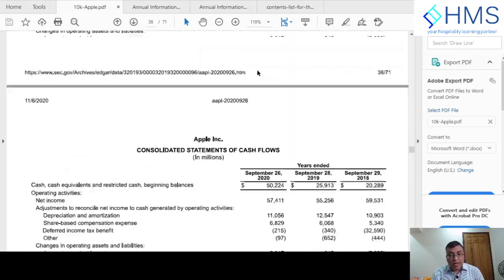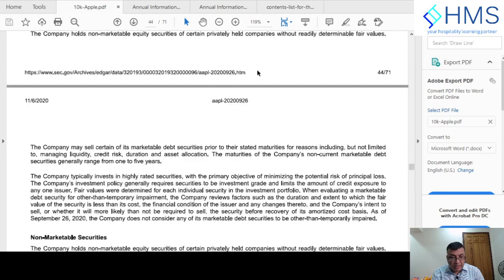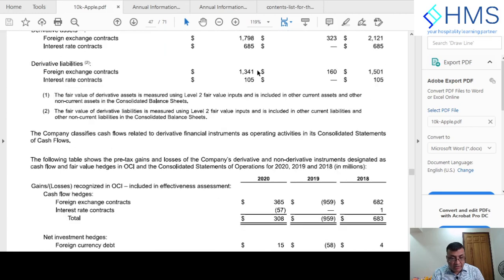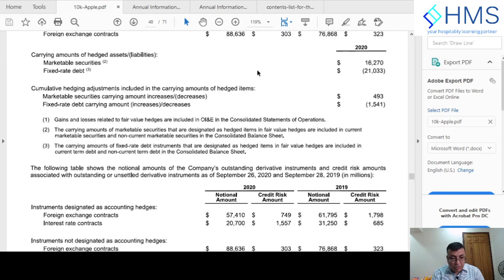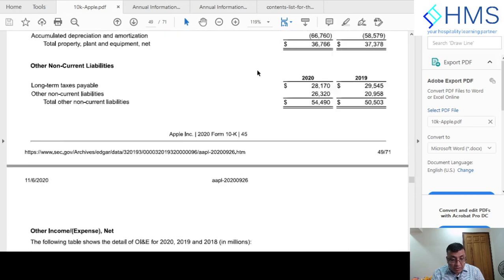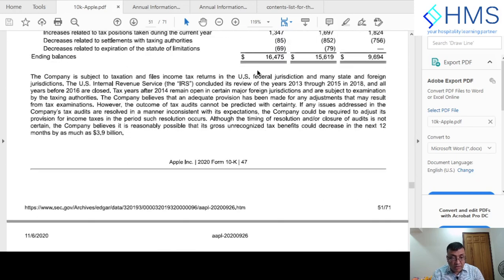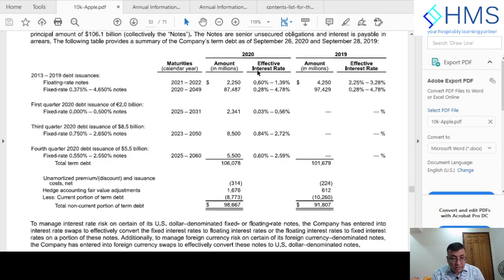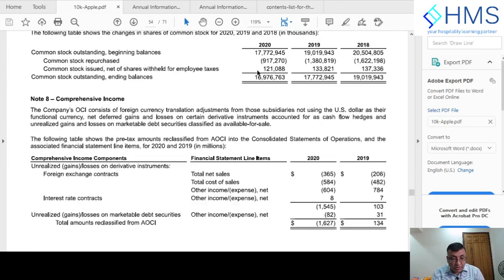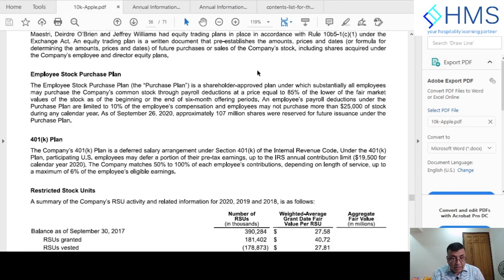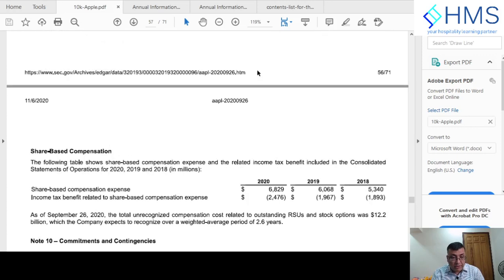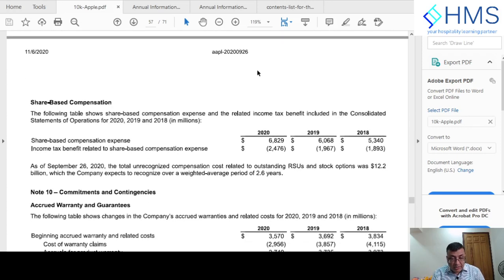So you can go direct. Where Note 10 is, you can go down and search for note number 4, 7, 8, 9, and then you have 10, commitments and contingencies.